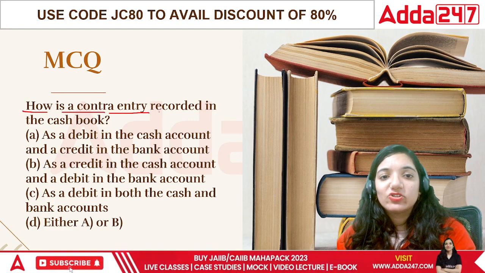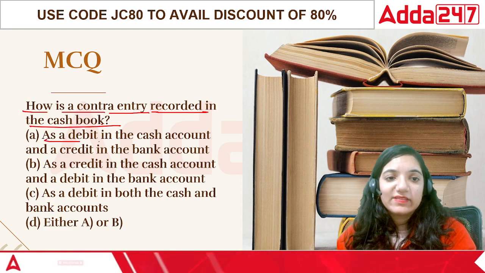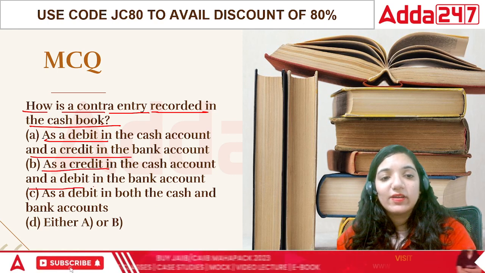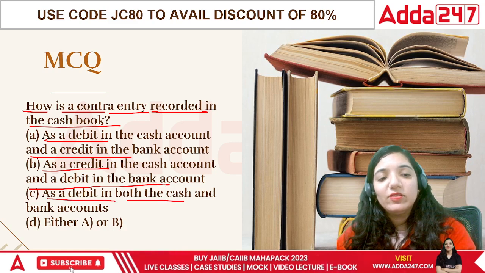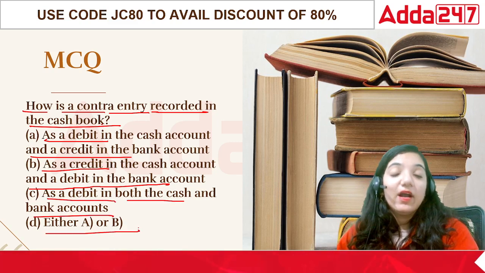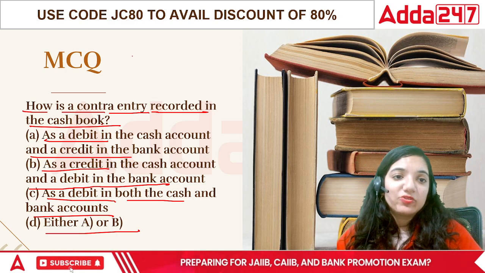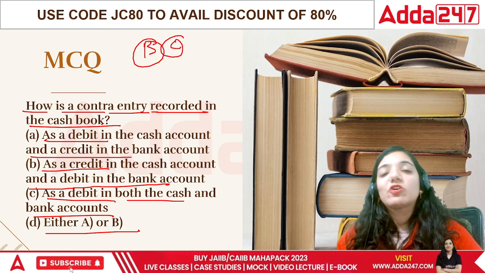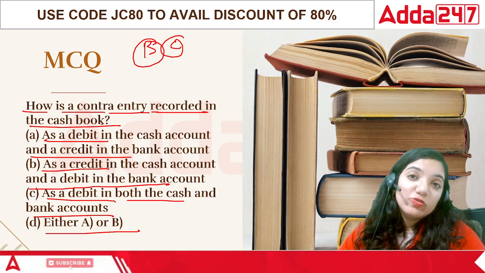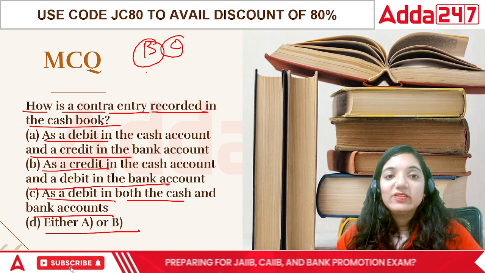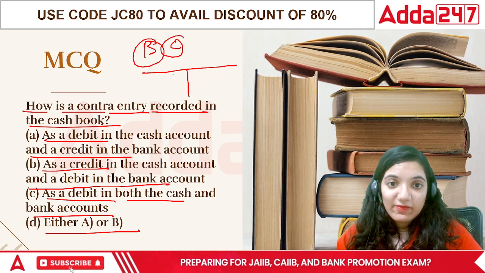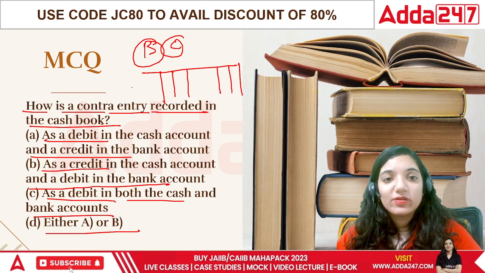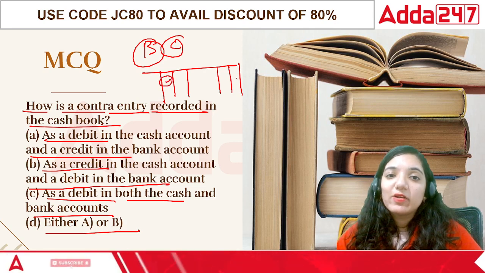Is a contra entry recorded in the cash book as a debit in the cash book and credit in the bank, as a credit in the cash book and debit in the bank, as a debit in both the cash and bank accounts, or either A and B? A contra entry means one in which we have both the bank and the cash elements. If we are making a double entry and following the double column cash book, if cash comes in here, then you are losing bank.